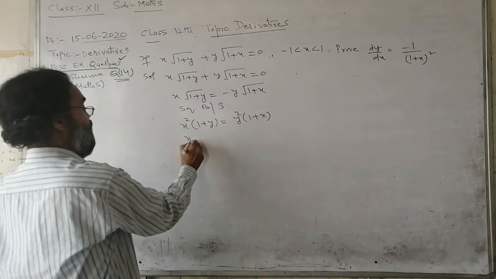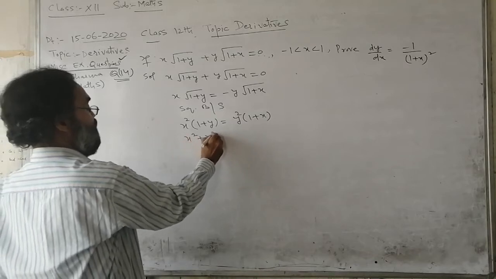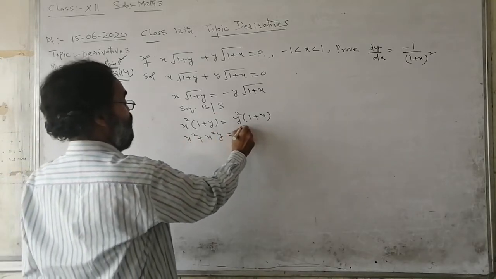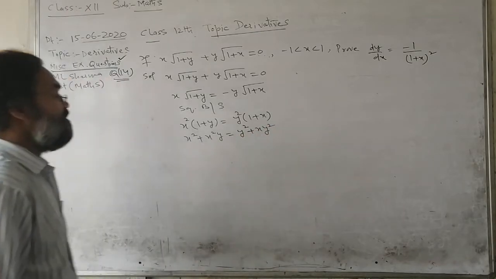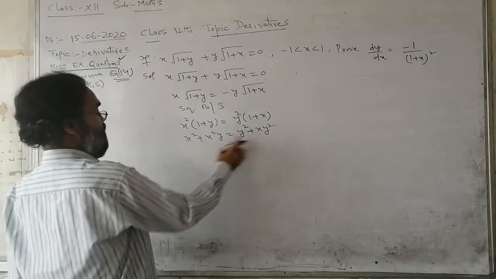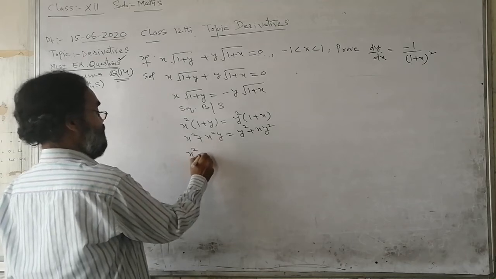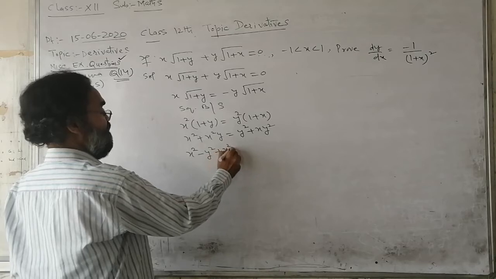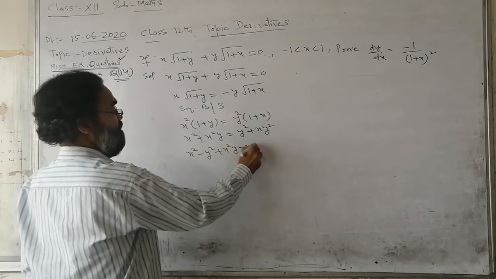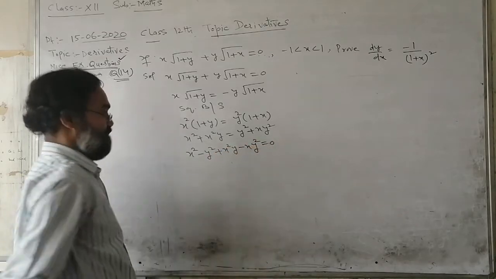If I multiply, x square y equals y square plus x y square. So if I transfer these two terms from left to right side, this will equal 0.